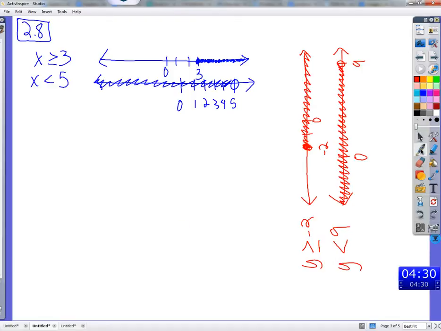Because are you using 5 and below, and can you not be on 5? Right, you cannot be on 5. x can't be 5. So that's why that circle is open. You can get really close to 5, and we want to highlight 5 so that you know there's a boundary there. But we want to show that you don't actually get to 5. You don't let x be 5, otherwise that wouldn't be true.